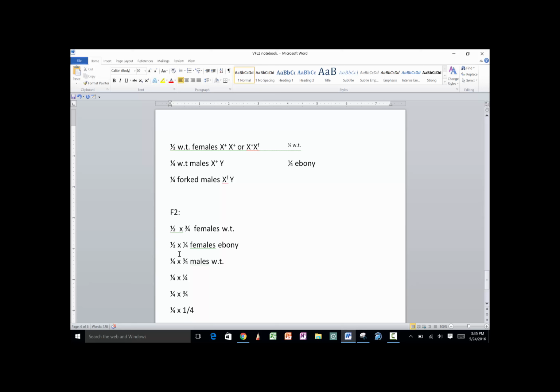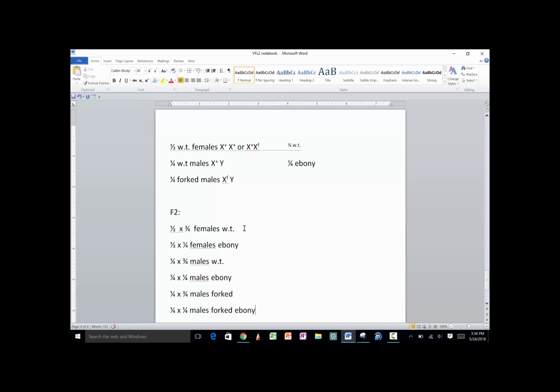So the first 1/4 times 3/4 was wild type for both. 1/4 times 1/4 is our males that are ebony. 1/4 times 3/4 down here. So now we're going to take forked males. So take males that are forked but wild type for ebony. And 1/4 times 1/4 that are males that are forked and ebony.